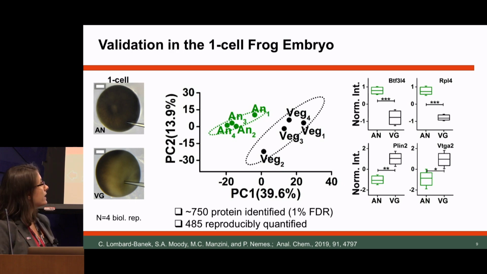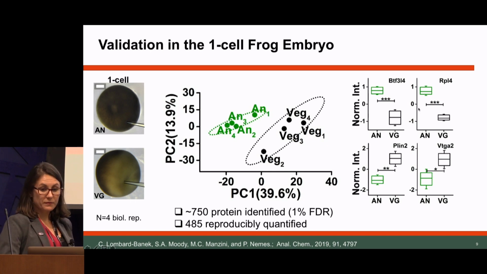And here I'm highlighting some of the proteins that were statistically and biologically enriched in the animal or vegetal pole, and also the ones that were known to be enriched in each pole. So they're really confirming that our technology is giving the data that we are supposed to get.